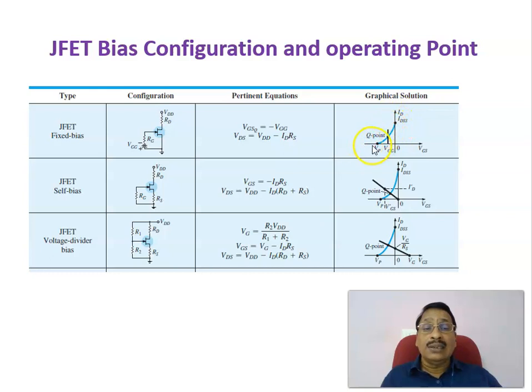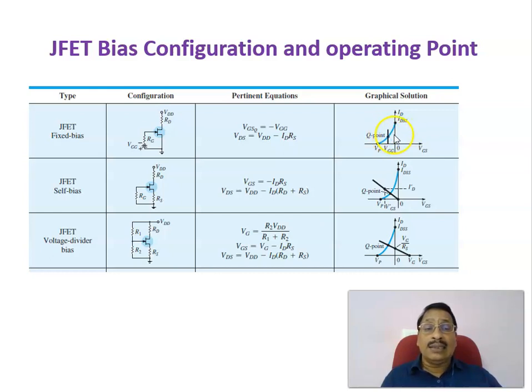To find the operating point, you have to calculate the gate to source voltage VGS, and from the loop equation you can see that VGS equal to minus VGG. Corresponding to minus VGG, you draw a line parallel to the y-axis, and this point of intersection is the corresponding IDQ, the Q point drain current.